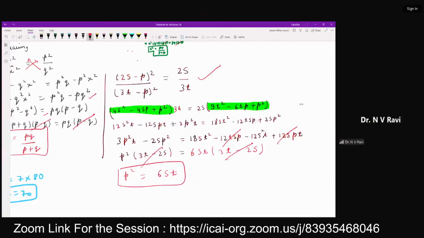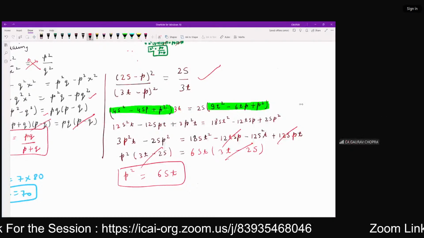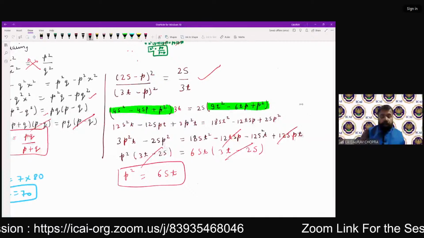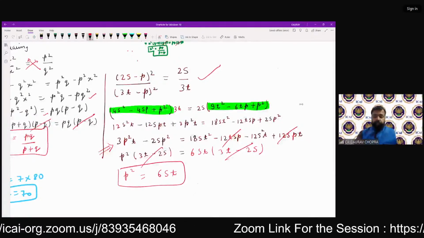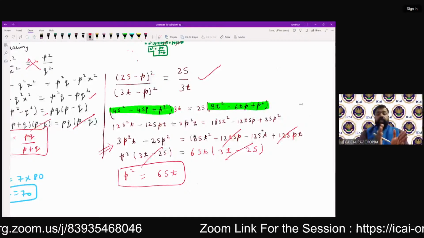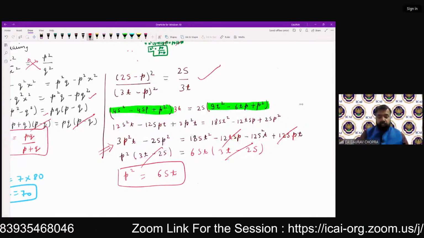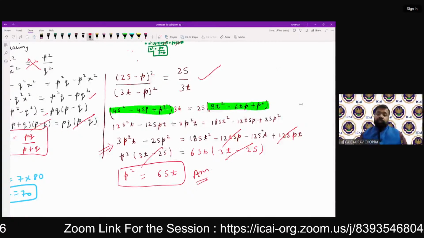Then 6 3s are 18, 6 2s are 12. So we have opened the bracket and taken the common. So p square came on one side and all other values are on the other side. After that, 3t minus 2s is common on both sides. We have done the cancellation and got the required result: p square equal to 6st.